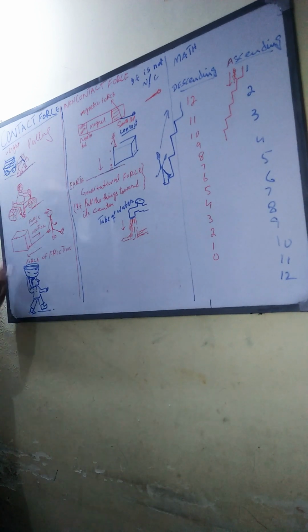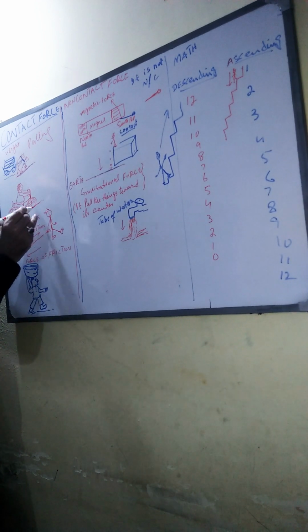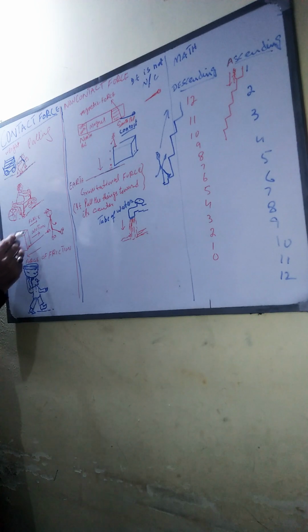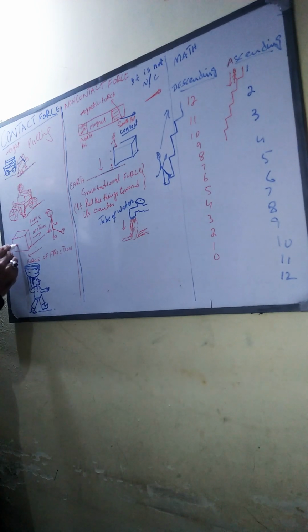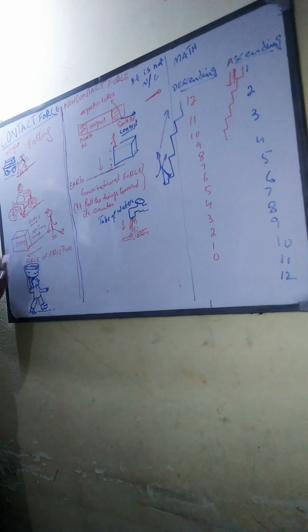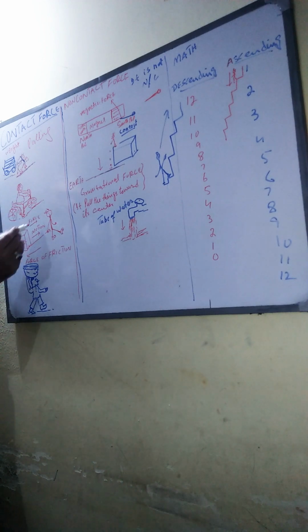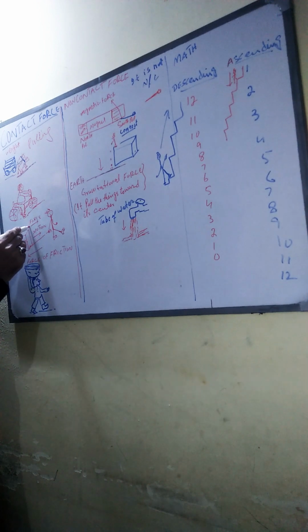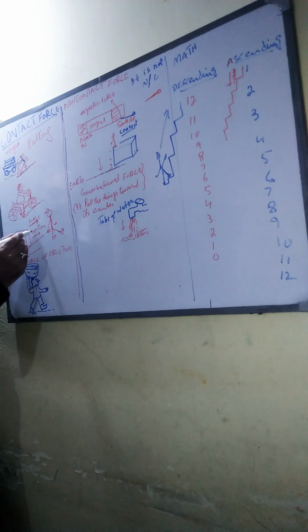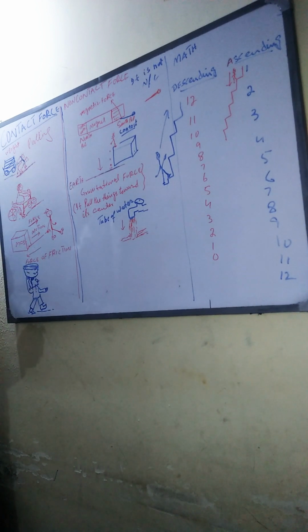There is contact force, and there is a box, a mass, a block. This is a person pulling it. Then there will be motion. He applies the force, and the direction of the applied force is the direction of the motion of the object.